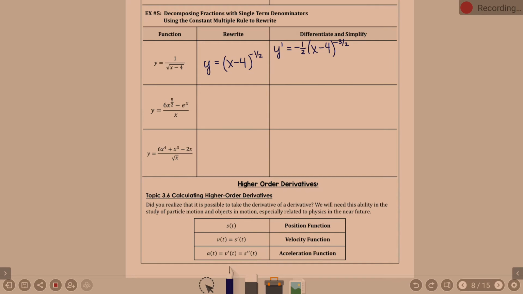If we clean this up a little bit, don't leave negative exponents, don't be in that habit. Negative exponents go where? Denominator. So what am I going to have here? Negative 1 over 2 times quantity x minus 4 raised to the 3/2.